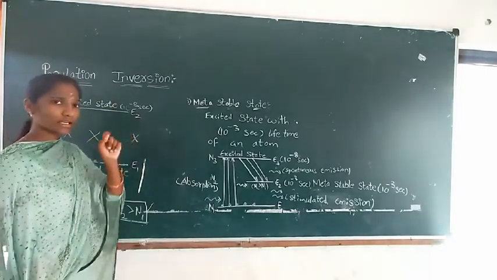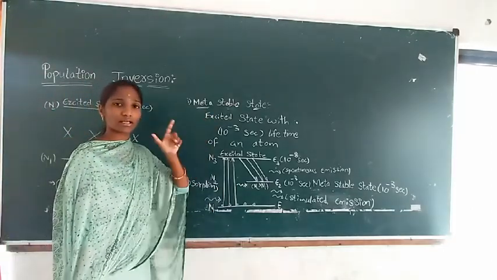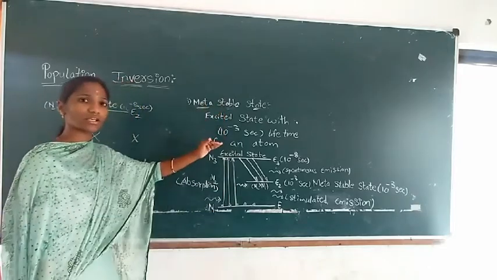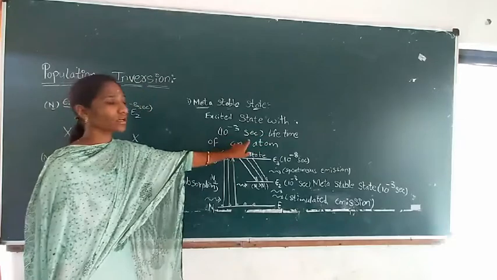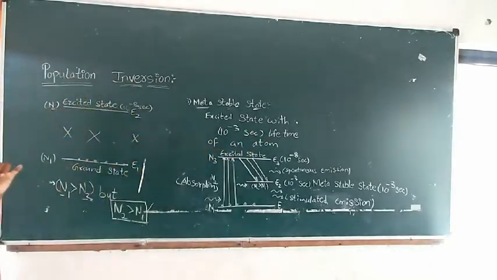In the ordinary excited state, the atom lifetime is 10 to the power of minus 8 seconds. Population inversion is achieved by using the metastable state.